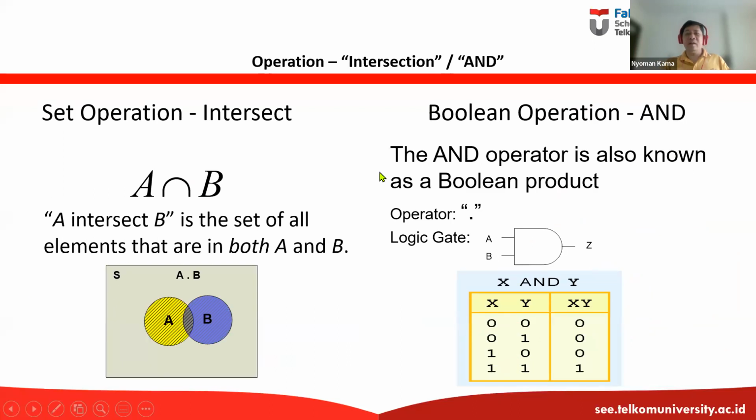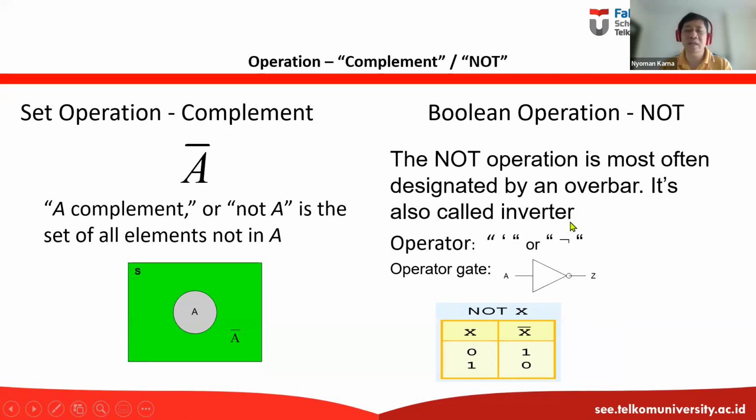Okay. This is the AND gate. It's just like a multiplication. 0 times 0 is 0, 0 times 1 is 0, 1 times 0 is 0, 1 times 1 is 1. And this is the NOT or inverter. The input is 0, the output is 1. The input is 1, the output is 0.